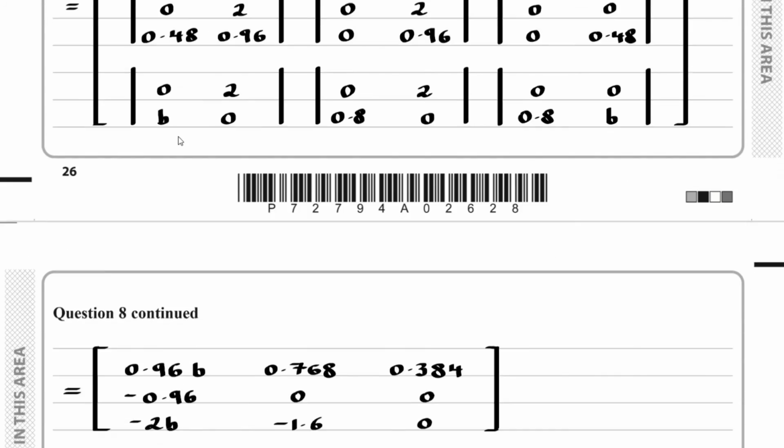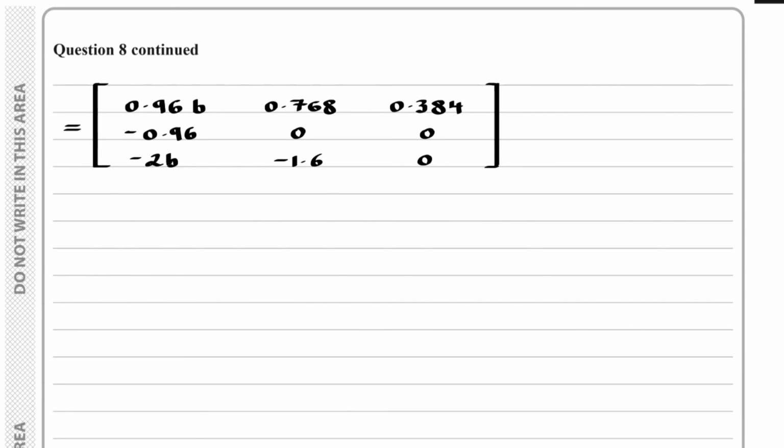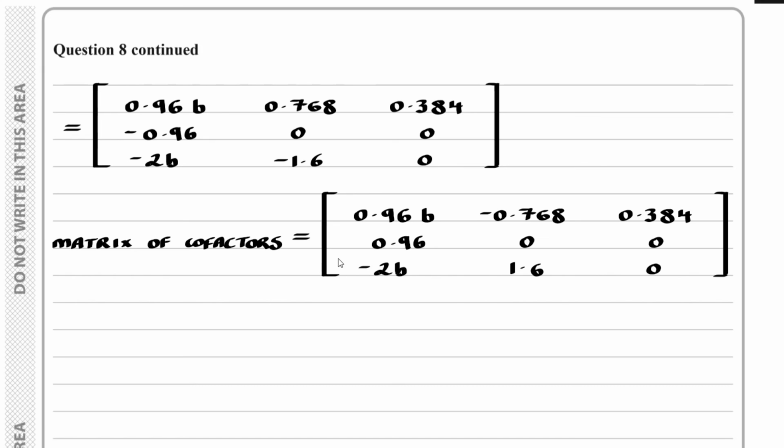Now that I've worked out the matrix of the minors, I can find the matrix of the cofactors. What we do here is alternate the signs. So we have plus 0.96B, negative 0.768, positive 0.384, negative minus 0.96, positive 0, negative 0, positive negative 2B, negative minus 1.6, positive 0.